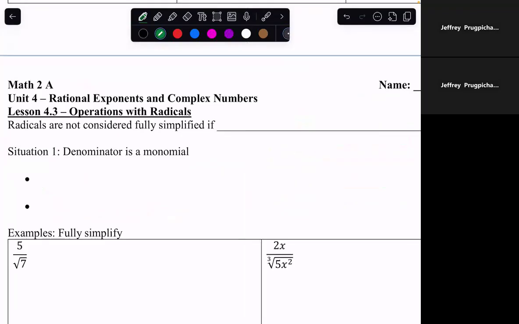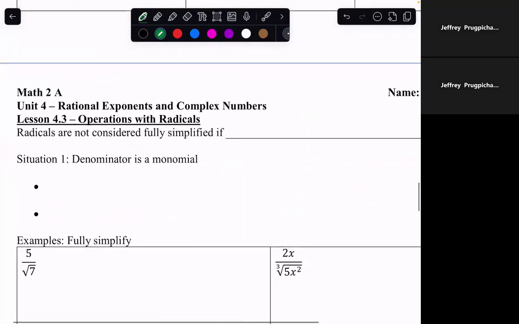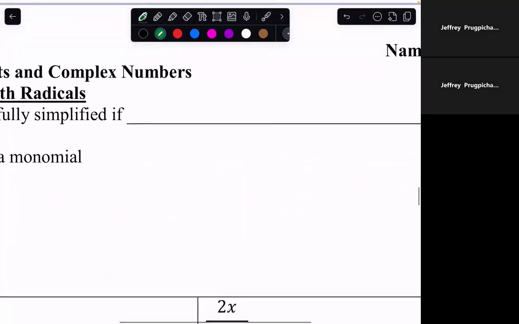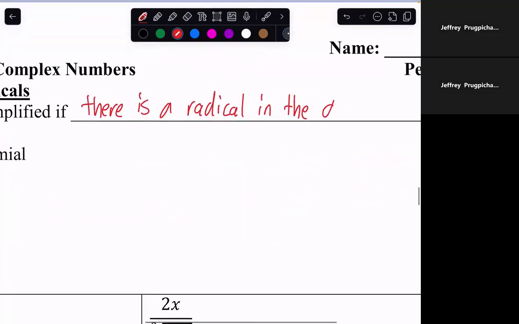Okay, so when I give you the instructions to fully simplify a radical, it is not simplified if there is a radical in the denominator.